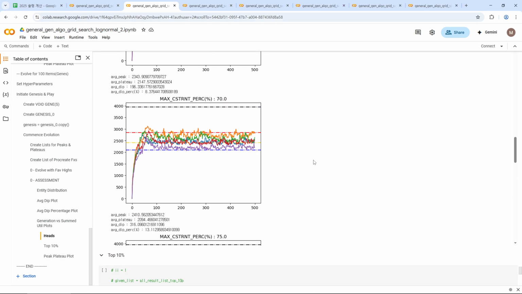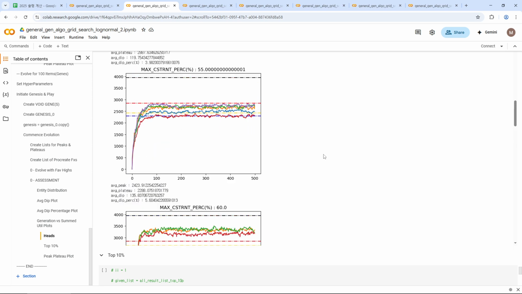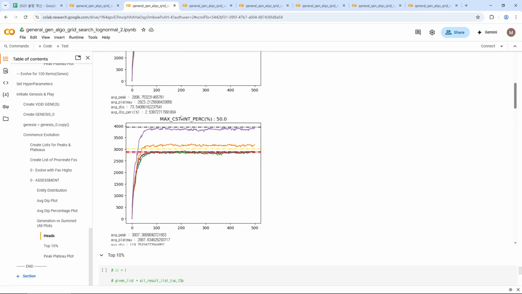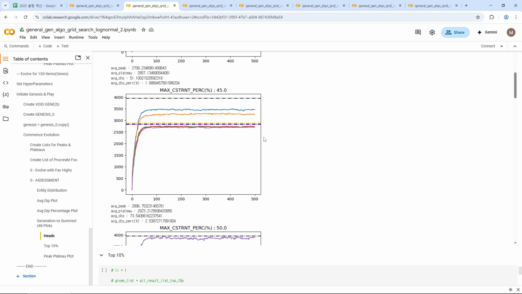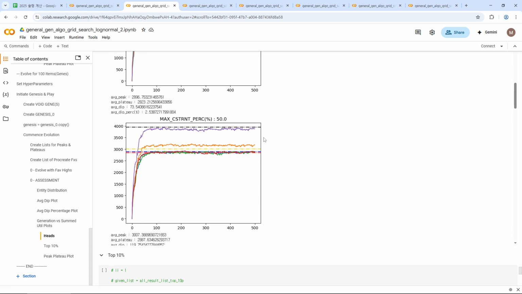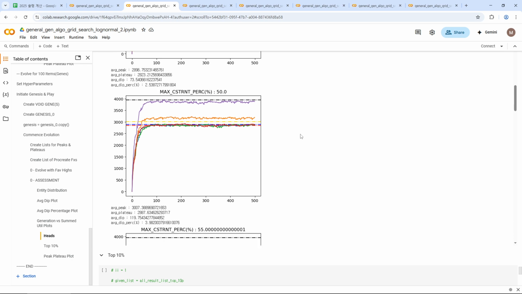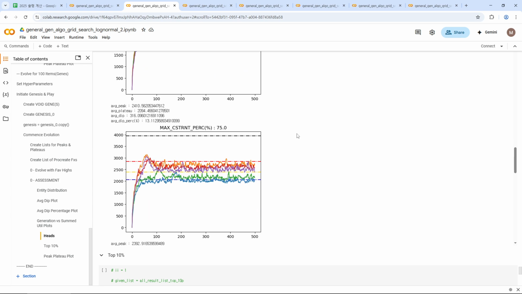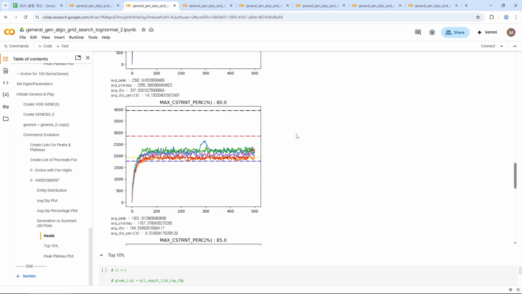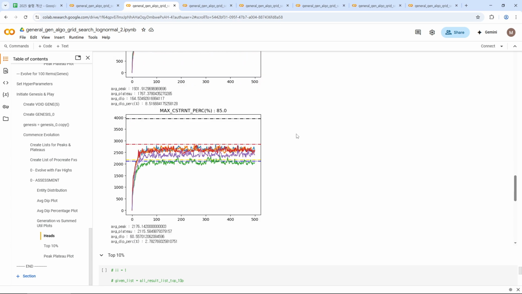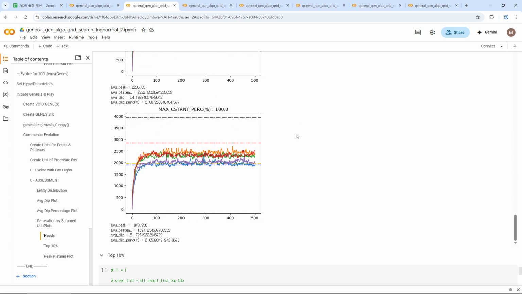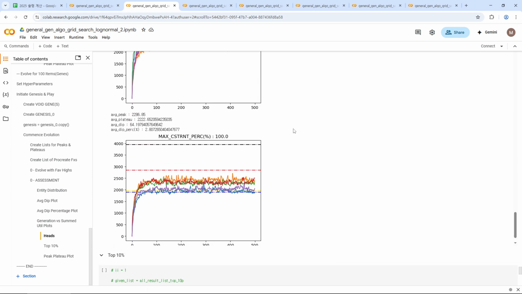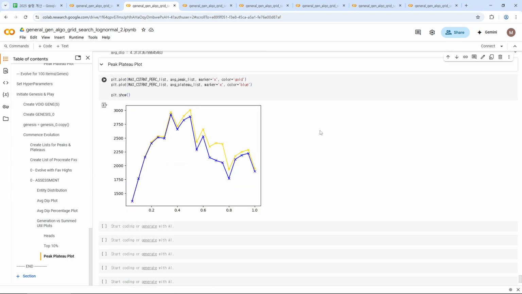When did the maximum ever happen? Oh, here, at 50. Okay. And peak plateau plot, very unusual.